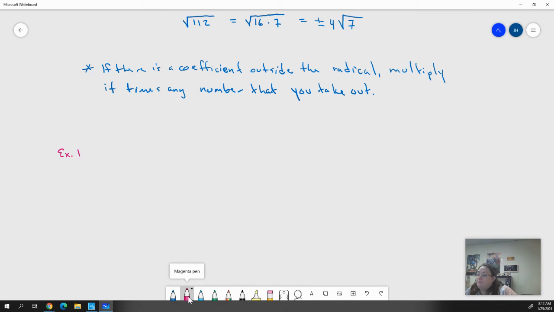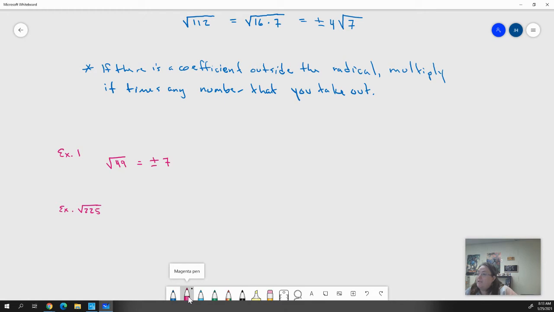So example 1, say I have the square root of 49. Now we know that 7 times 7 equals 49. So in this circumstance, we would just have plus or minus 7. Same with, say, if I had the square root of 225.